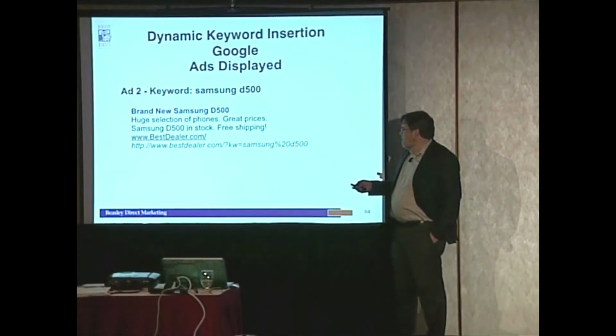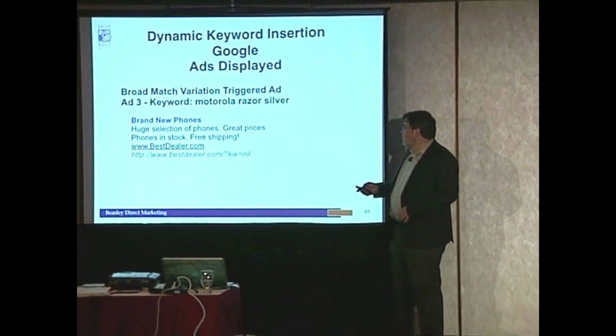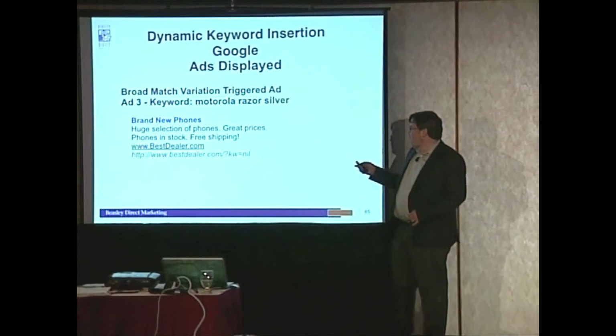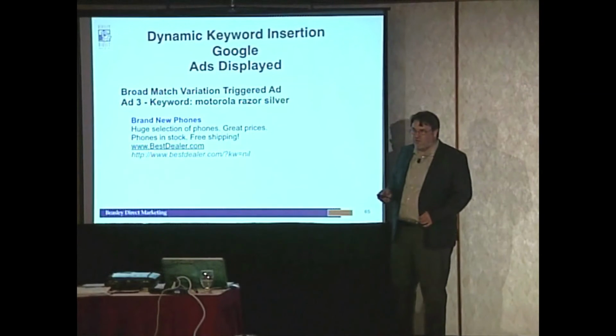Samsung. It made the display URL too long, so it didn't have anything there, and there was no default text. But it was able to fit in the description line and in the headline. And then when we went really long, Motorola Razr Silver, it wouldn't fit in the headline, it wouldn't fit in the second line, it wouldn't fit in the display URL, and it wouldn't fit in the destination URL.